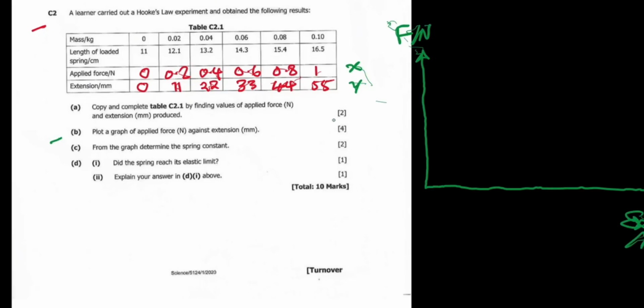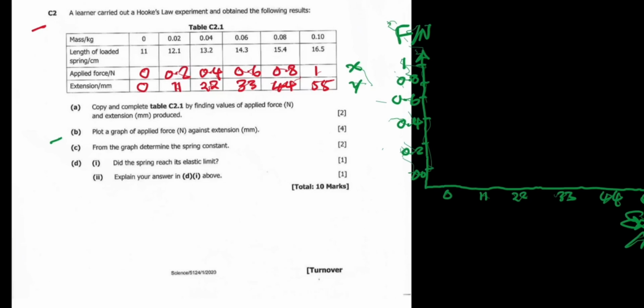For the extension, you have 0 to 55. So we are going to say 0, let's say here 11, this is 22, 33, 44, 55. And for the force, you have 0, and you're going to have 0.2, 0.4 here, and 0.6, and 0.8, and 1. So this is what we are going to have.